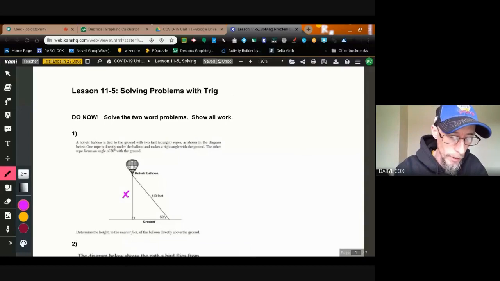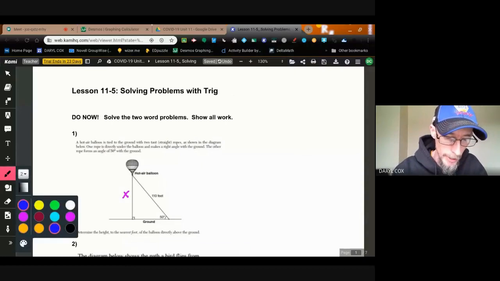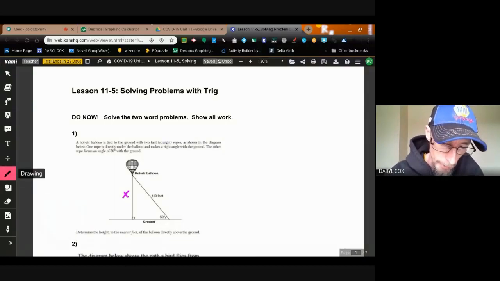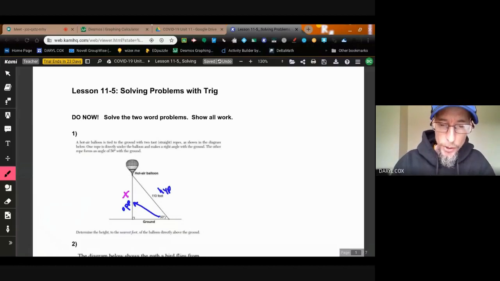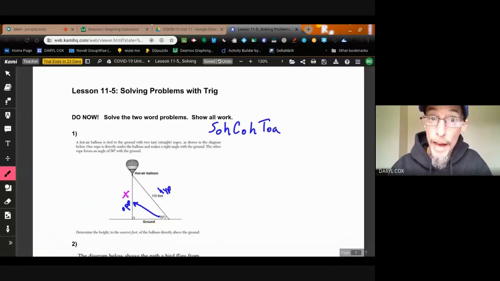So looking at what I have here, I can recognize immediately that I've got the opposite and I know the hypotenuse. So going with what I know about trig, once we know that, we can actually use that to find our information.